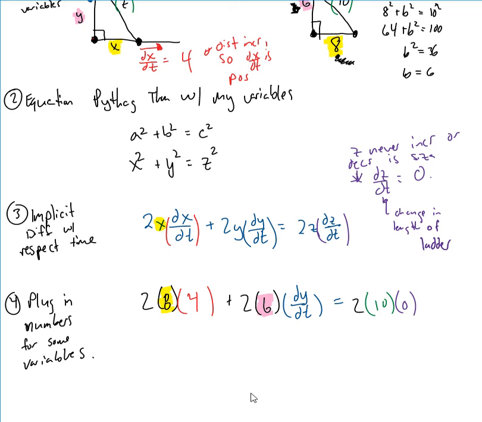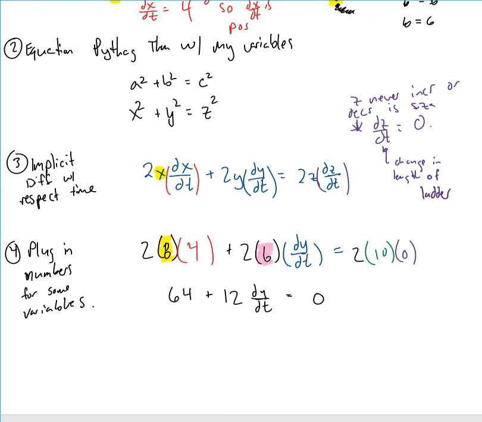Okay, so we plugged in all the numbers. We have 2 times 8 times 4. So this all multiplies and gives us 64. And then we have plus 12 dy dt, equal to 2 times 10 times 0, which is 0. I want to solve for dy dt at this point, so I would subtract 64 over.